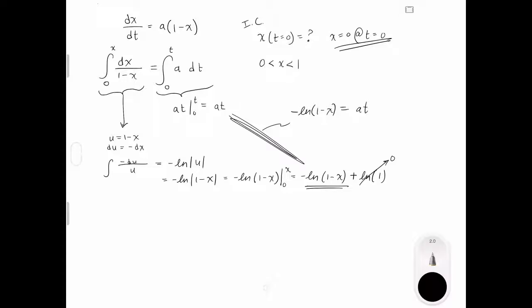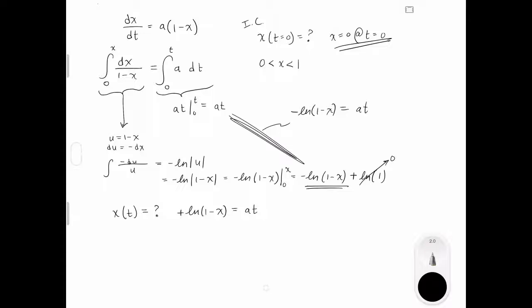Now, what are we looking for? What's the final answer here? If you are asked to find x as a function of time, then we want to solve for x, in which case that's just a little bit of rearranging. I'll rewrite that down here. Negative natural log of 1 minus x is equal to at.